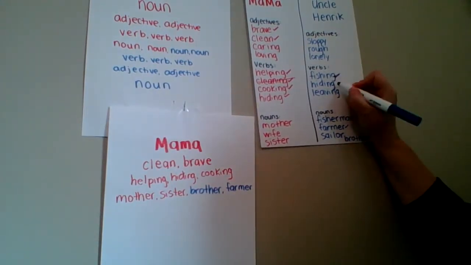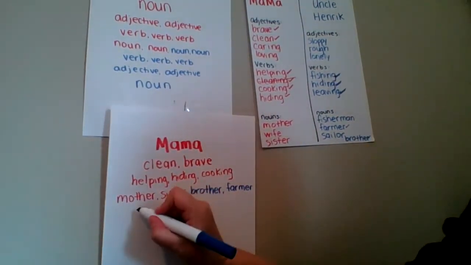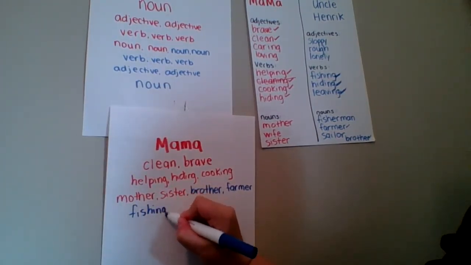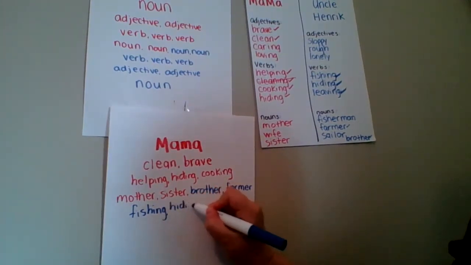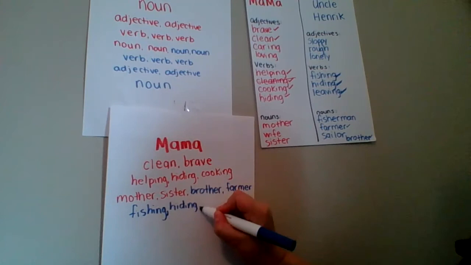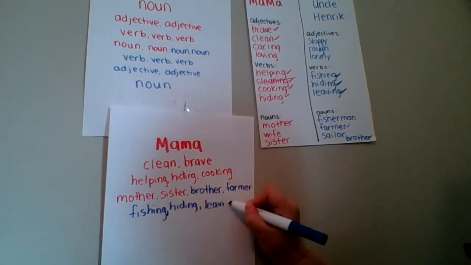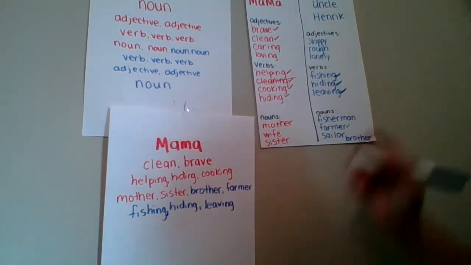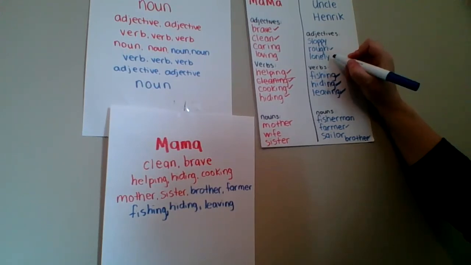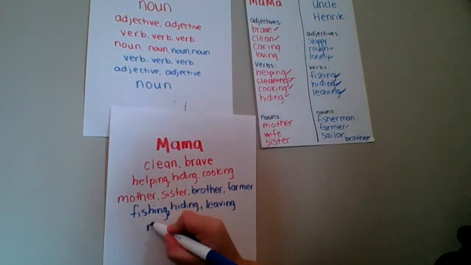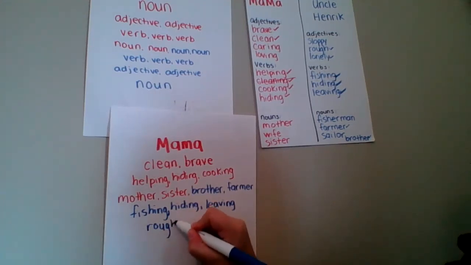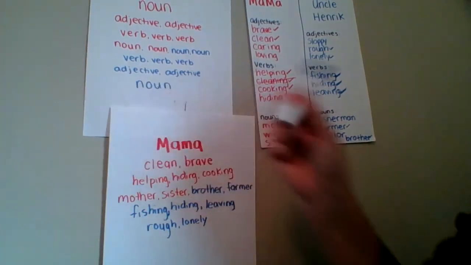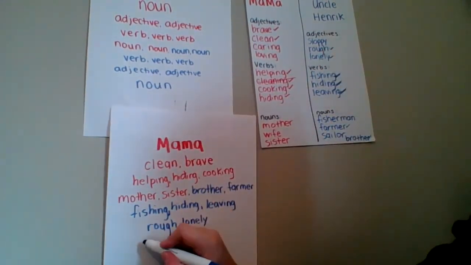Here are my 3: fishing, hiding, and leaving. From here I need 2 adjectives. We'll do rough and lonely. And finally, I need my last noun, which was Uncle Henrik, my last topic.